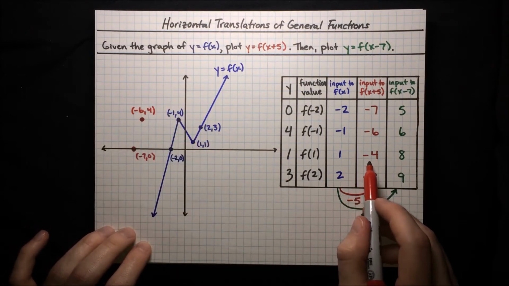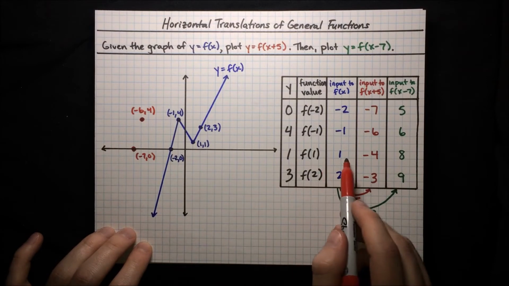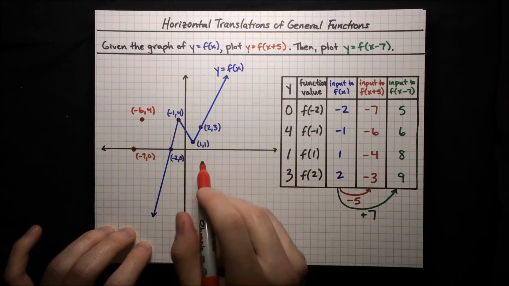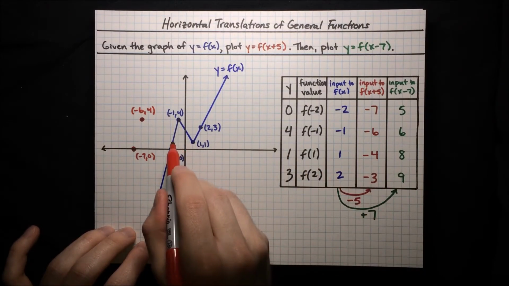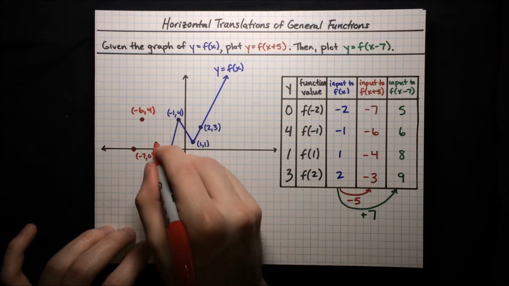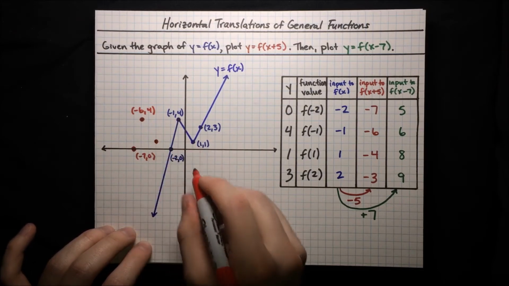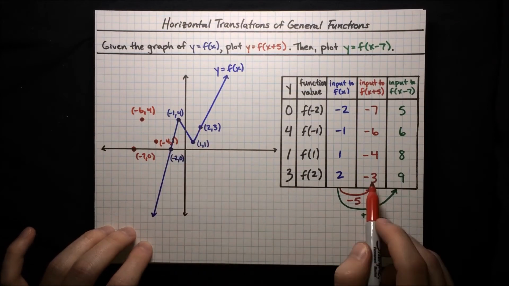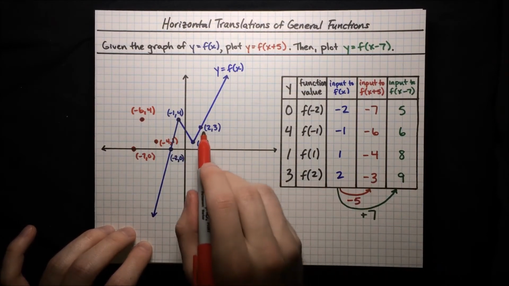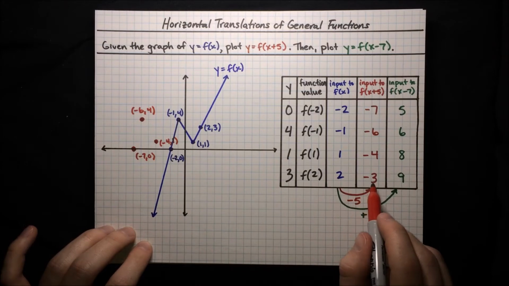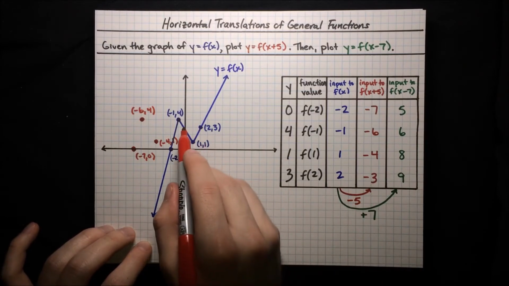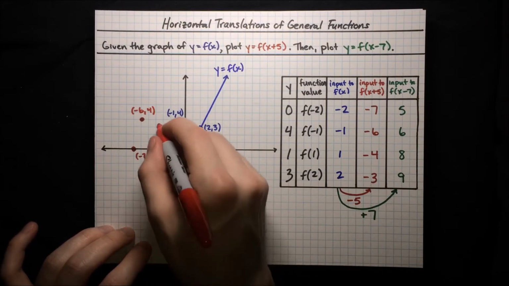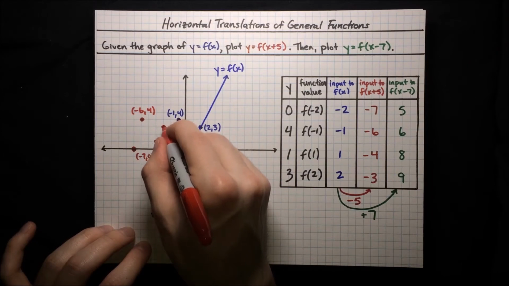And then the next point, instead of 1, 1, it becomes -4, 1. So back 4. So 1, 2, 3, 4. Right over here, label that -4, 1. And the last point, instead of 2, 3, we've got -3, 3. So -3 is right here, and we'll label that.